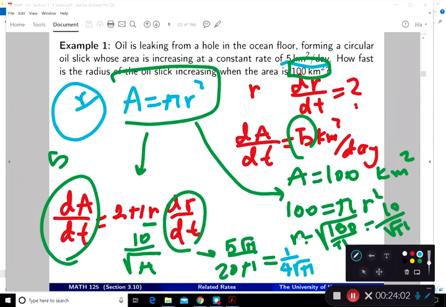And what are the units for this? That's kilometers per day.